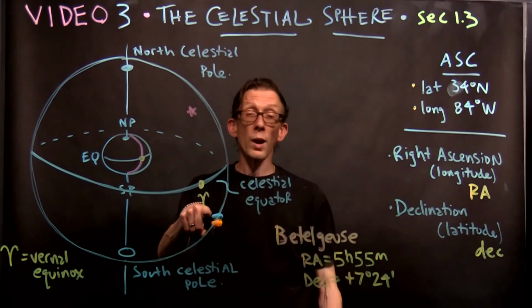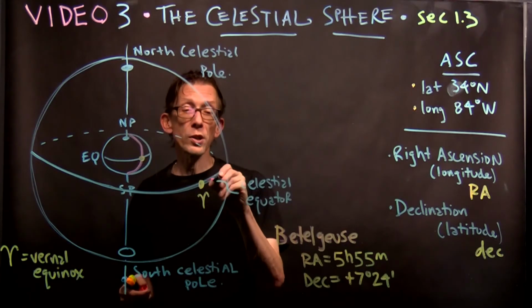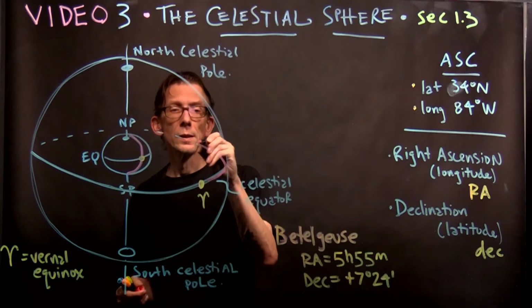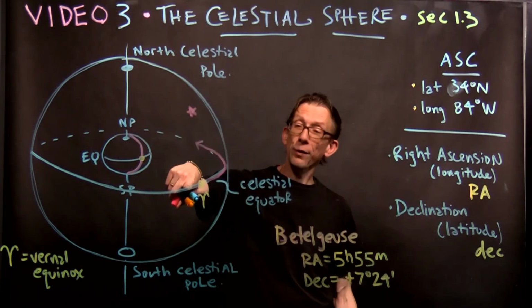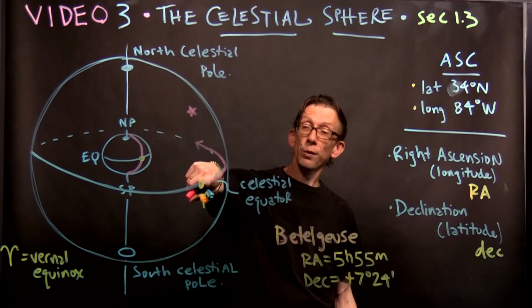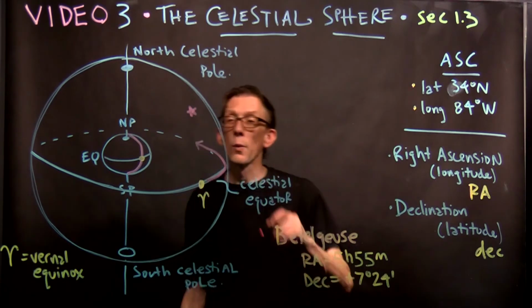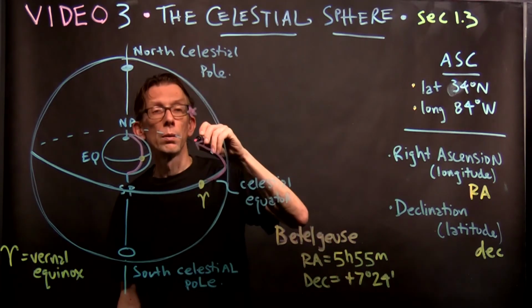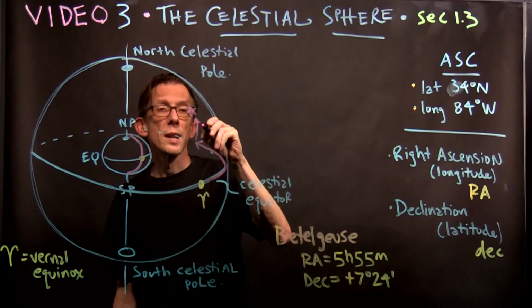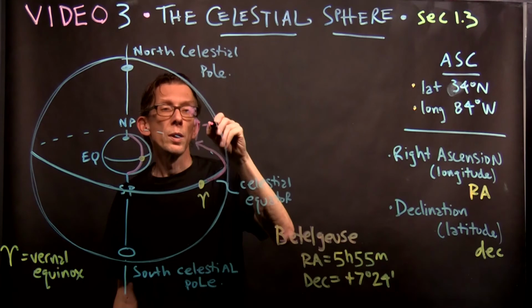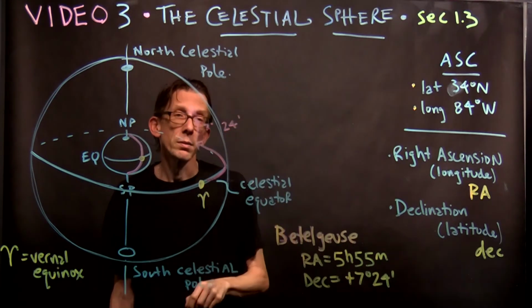The vernal equinox is at 0. So if we move this direction around the equator, we have to move 5 hours. This is the 0 hour mark. We have to move backwards around this way to the 5 hour 55 minute mark, and then we have to move up. This is 7 degrees 24 arc minutes.